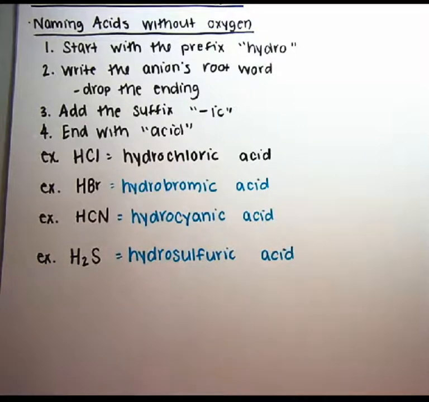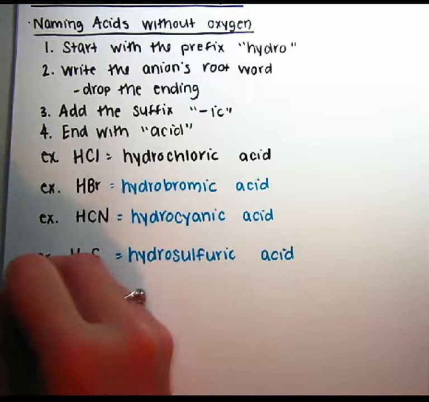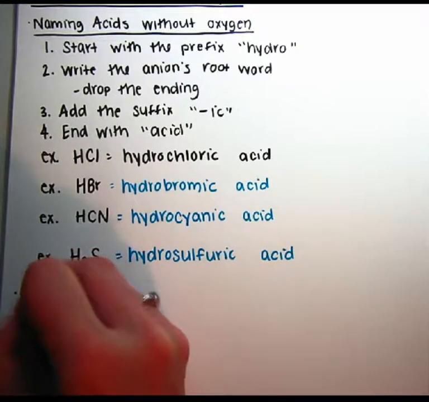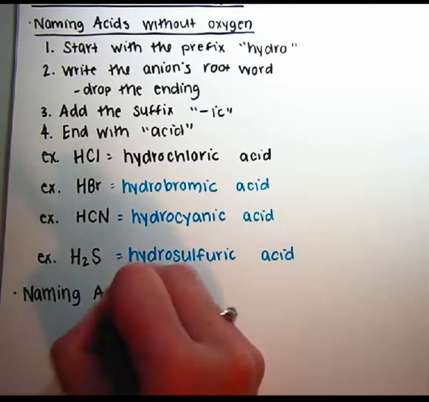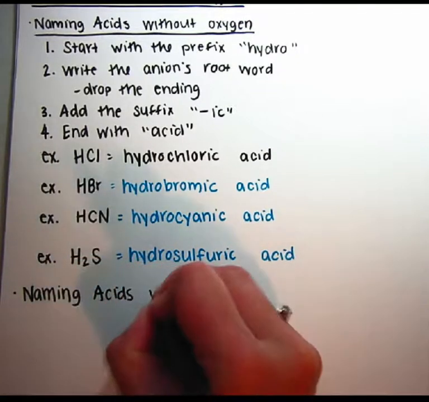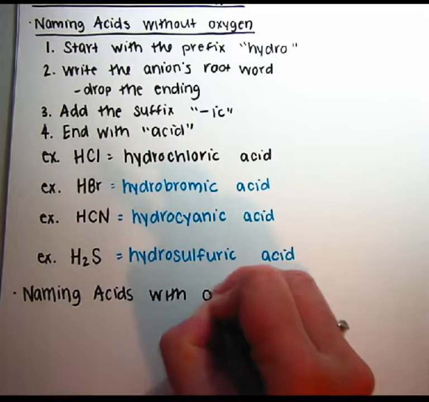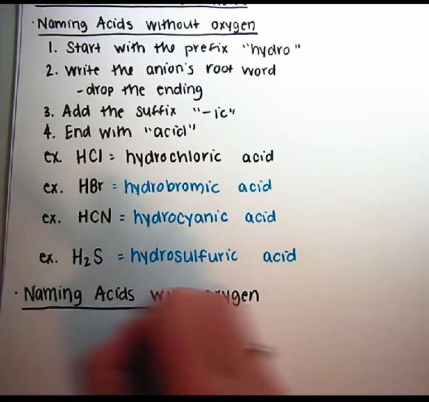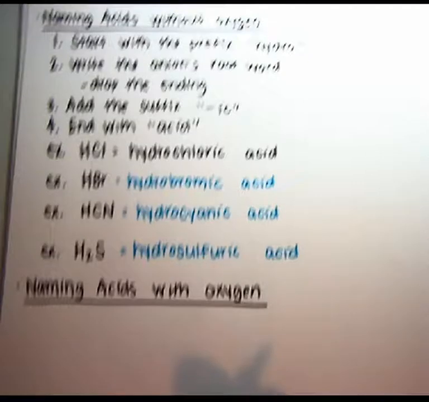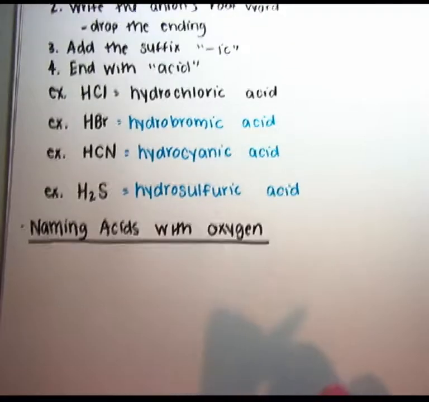All right, up next. You can also have acids that have oxygen in the formula. If oxygen is in the formula, the rules are a little bit different. There is no hydro.